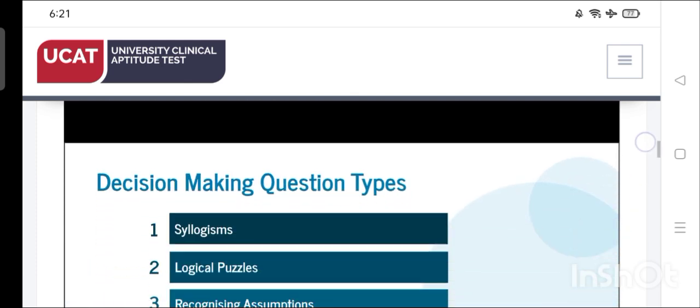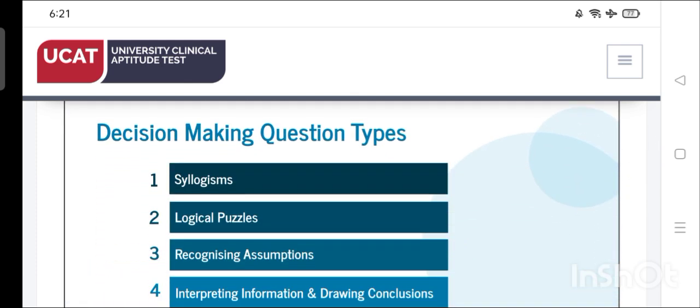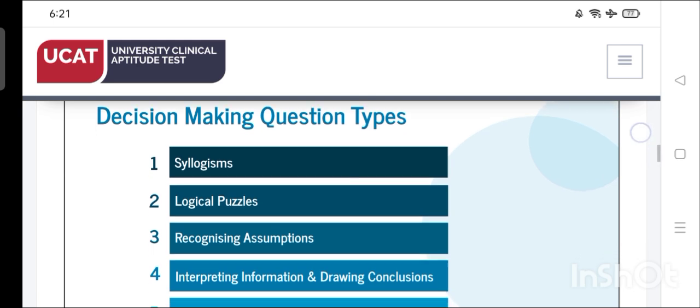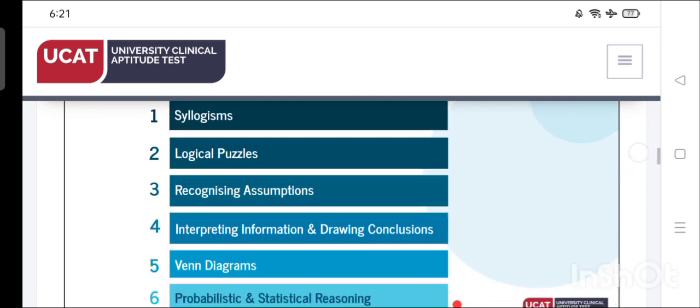Now next we have the decision making question types. First we have syllogisms, second, logical puzzles, third, recognizing assumptions. Fourth one is interpreting information and drawing conclusions.